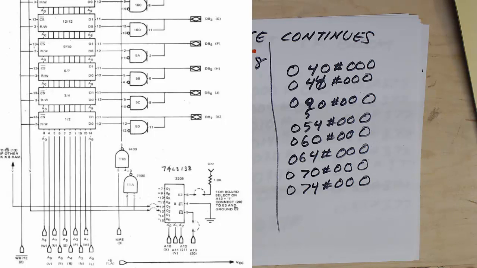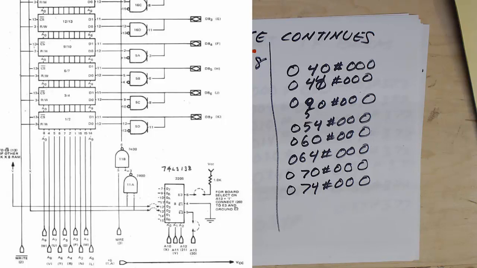Because you look at these two 7400s, 11A and 11B, those look at the actual enable lines going to the two banks of RAM, and it's only when one of those banks that is selected is enabled do the outputs actually become enabled.